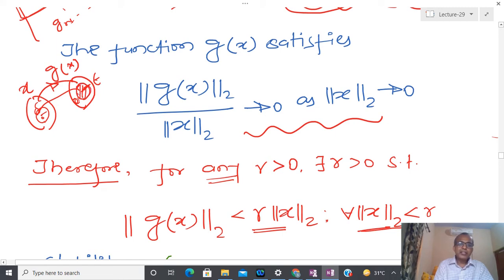particular quantity. So g(x) is the function. I am telling that for every epsilon greater than 0, there exists a delta, depending on epsilon, greater than 0, such that if x minus 0 remains in the epsilon ball, then that implies g(x), with 0 mapping to 0, is going to lie inside the delta ball.